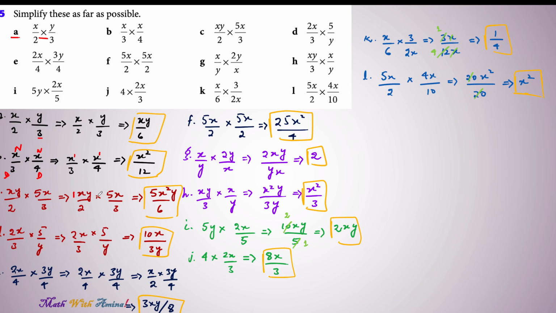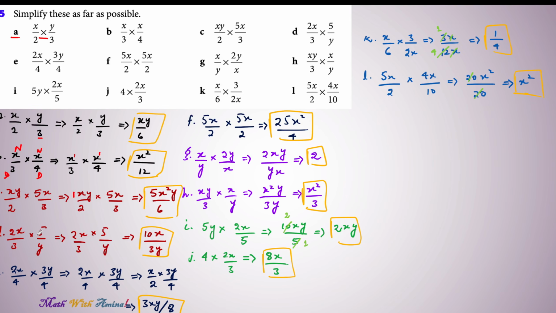Then we multiply the variables. x multiplied by x is equal to x squared, and y is expressed only once, so it stays the same. It is the same multiplication as we were doing in the previous questions of the exercise. In the denominator we have 2 multiplied by 3, which is equal to 6. As a result, we have 5x squared over 6.